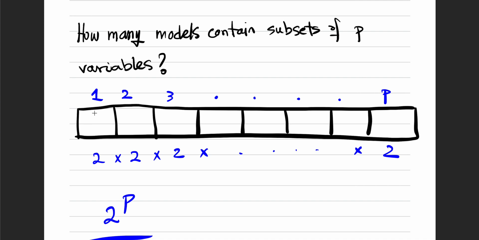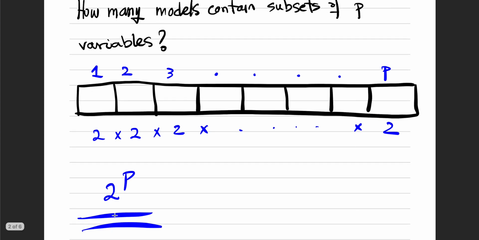Each letter is 1 if the corresponding feature is associated, and 0 if it's not associated. For any of these associations, we have a model. So essentially we have 2 to the power of p models available. 2, because this can be active or not active, this one can be associated or not associated. So 2 times 2 times 2, p of them: 2 to the power of p.